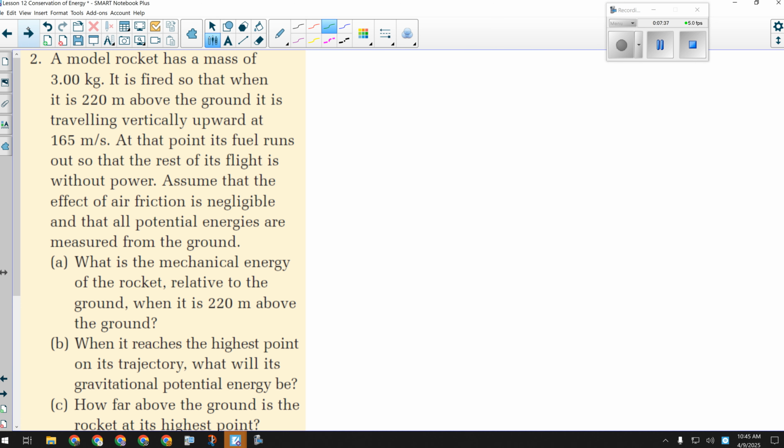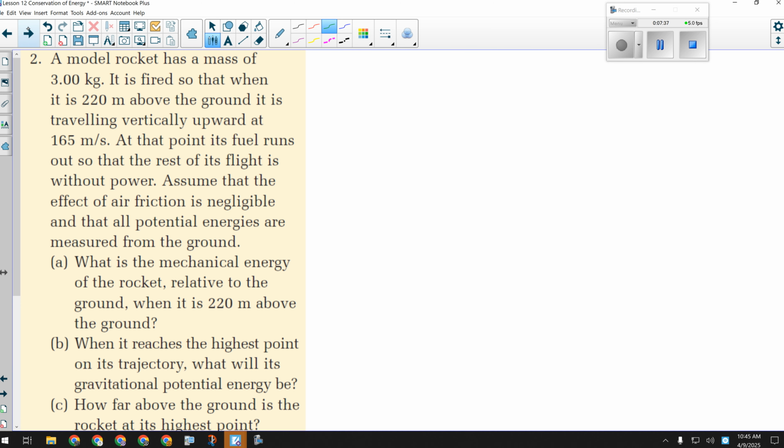Okay, so for part A, it just wants to know the mechanical energy of the rocket at that initial point. Well, as we know, mechanical energy is the sum of an object's potential and kinetic energy, and the rocket has both at its initial point. So we can calculate that by going m times g times height initial plus 1/2 m v initial squared. We know all of those numbers.